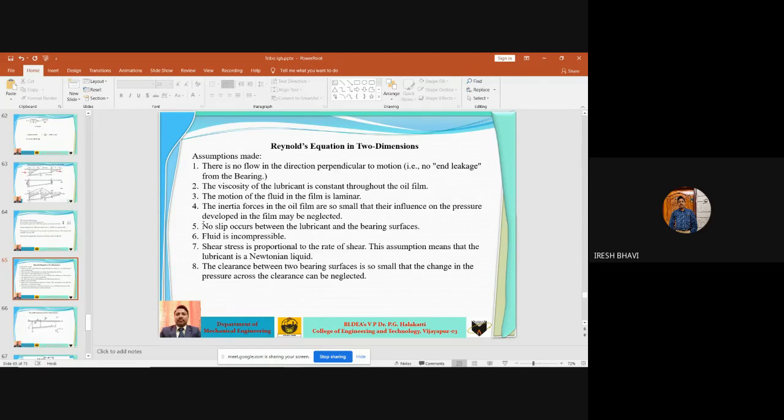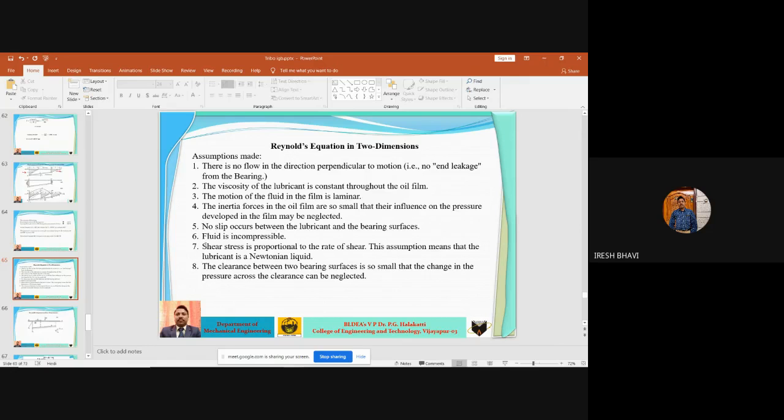Here we are assuming that the lubricant oil we are using is incompressible. Means what? If lubricant gets accumulated, there will be a build-up of pressure in the bearing. That is the inference.